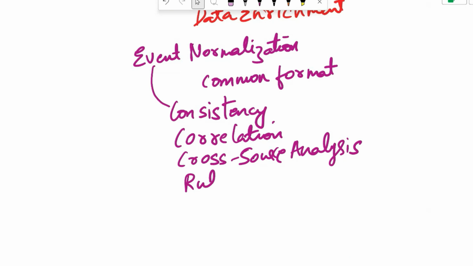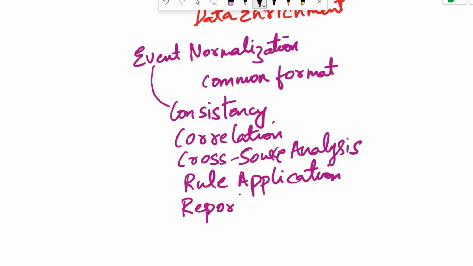Next is rule application. SIM correlation rules and analytics engines rely on normalized data to accurately detect predefined patterns of behavior and indicators of compromise. Next is reporting and visualization. Normalized data is more suitable for generating consistent and meaningful reports, graphs, and dashboards.